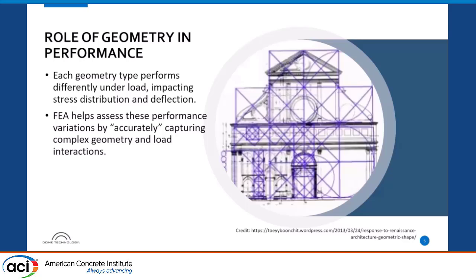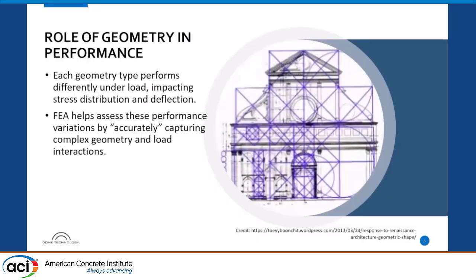I've got a figure here that goes back to the Gothic cathedrals. You've got a flying buttress right there, and that shape helped give the cathedrals their strength. And in an FEA analysis, we're trying to take advantage of that as well. We're trying to understand the structure and make that work.